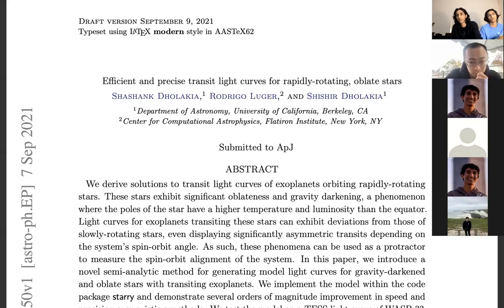In the exoplanet field there's a common adage, which is know thy star, know thy planet. I would argue the reverse is also true: know thy planet, know thy star. Stars and planets are inextricably linked to each other, and understanding one is essential to understand the other. A lot of this paper is, in my opinion, important because it's a way to leverage planets in order to understand the stars, and also to leverage stars in order to understand the planets.